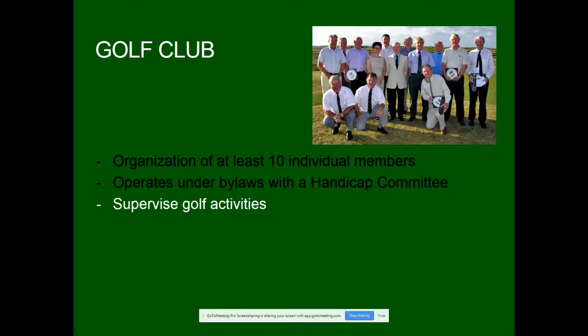A golf club has a responsibility to supervise golf activities. This is important because, depending on the size, a golf club is responsible for making sure that there are enough organized events so that everybody has an equal opportunity within the club to participate in those. There needs to be enough to meet the total number of members in your club.